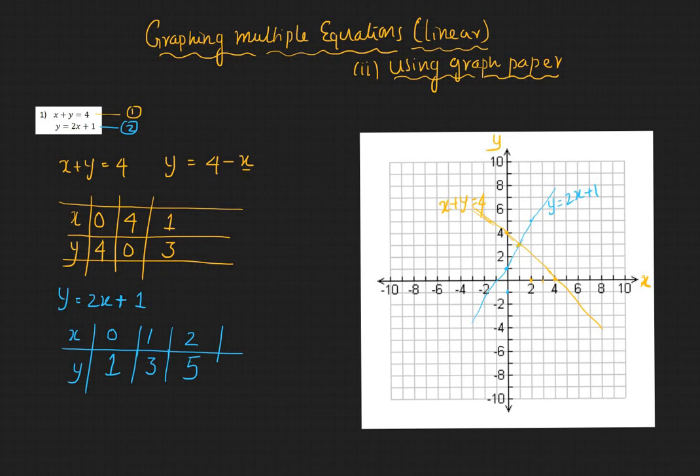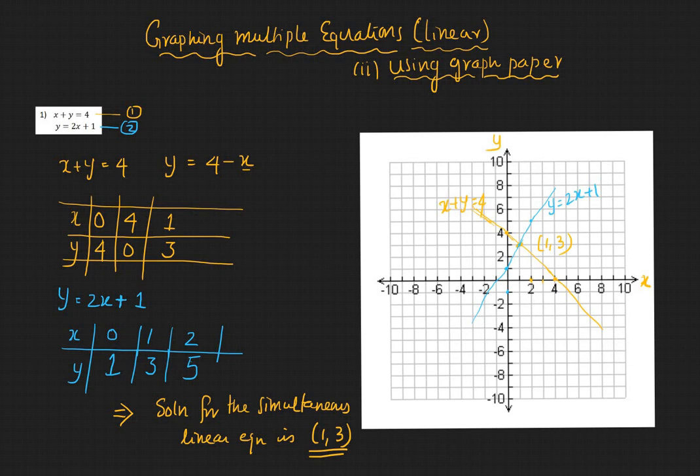Now we can see that both these lines meet at 1, 3. So this implies that the solution for the simultaneous linear equations is 1, 3.